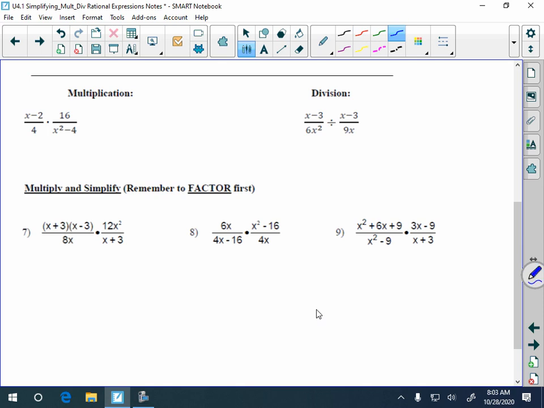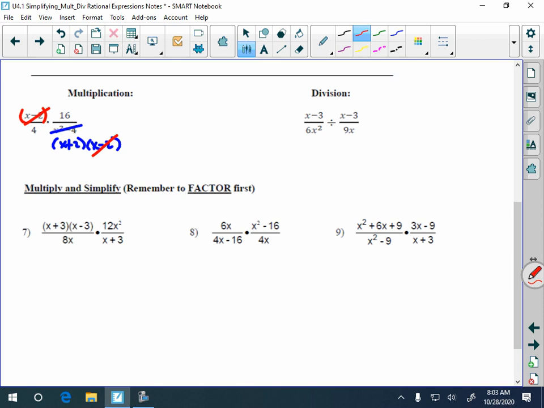All right, so on this first one, x squared minus 4 factors into x plus 2, x minus 2. All right, so now we can go ahead and cancel. Remember, x minus 2 on this top left, it's a binomial, so it helps to put it in parentheses. So you can see that this x minus 2 can cancel with the other one. So you can cancel diagonally, or top and bottom.